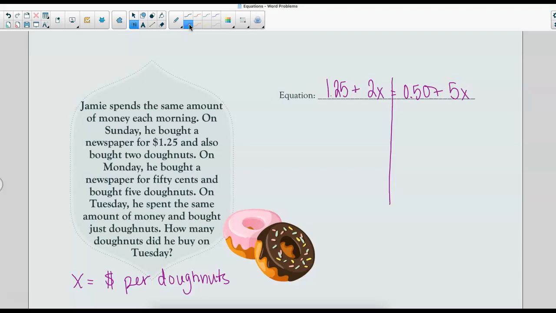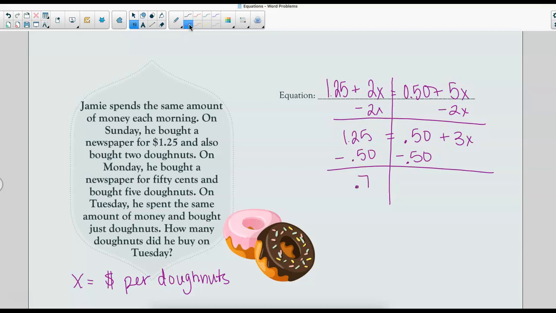If I subtract 2x from both sides, we have $1.25 equals 50 cents plus 3x. Subtract the 50 cents. That's 75 cents equals 3x. Divide by 3. What does x equal?